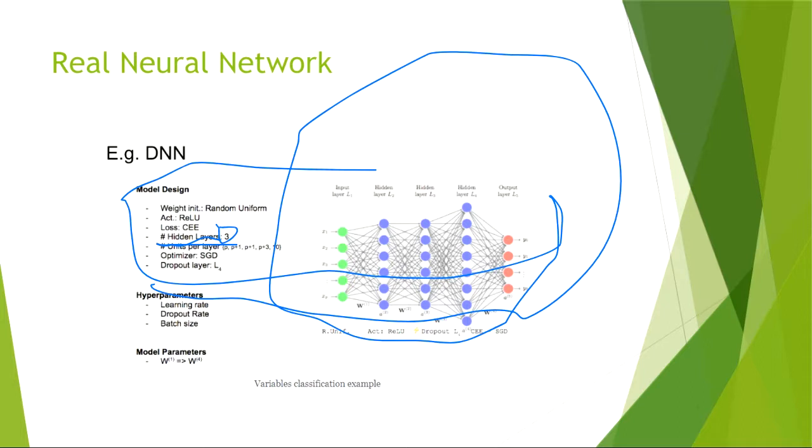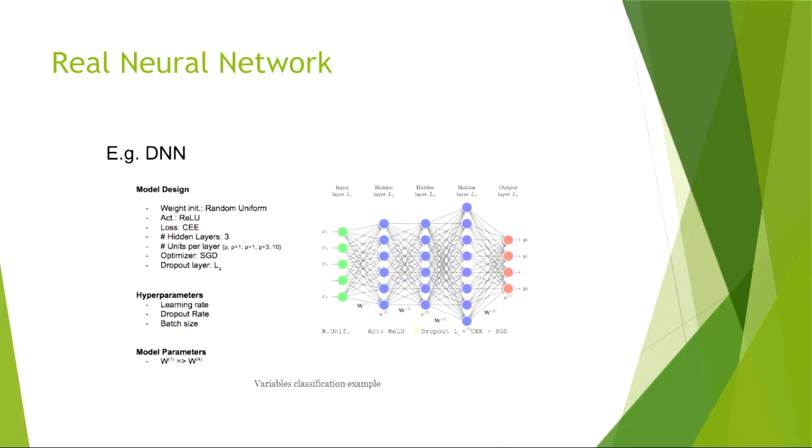Or it is written as optimizer SGD, meaning the optimizer used here is the stochastic gradient descent optimizer. Or it tells us that the activation function being used here is ReLU, or that this is the dropout layer.